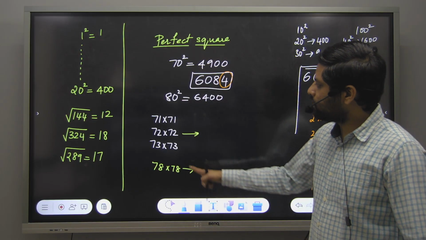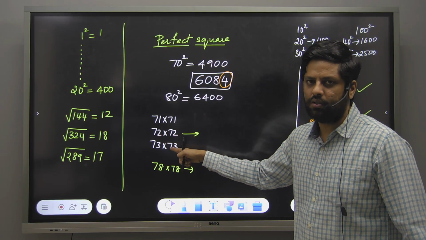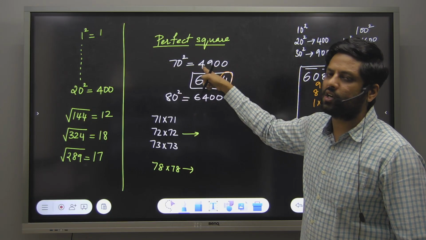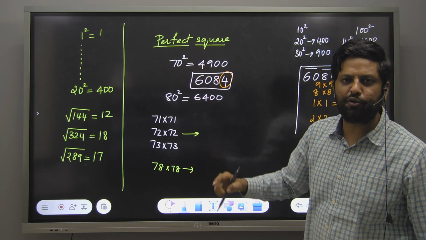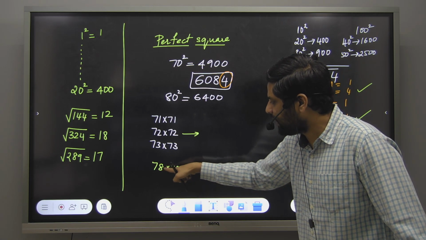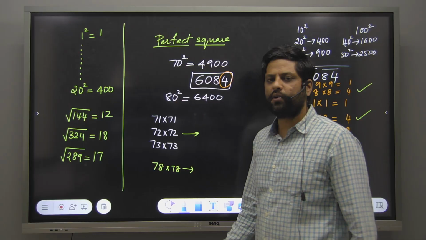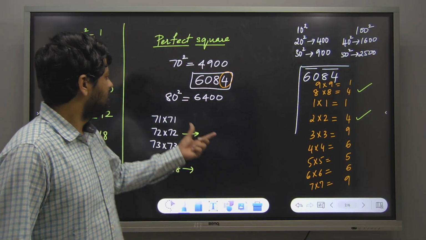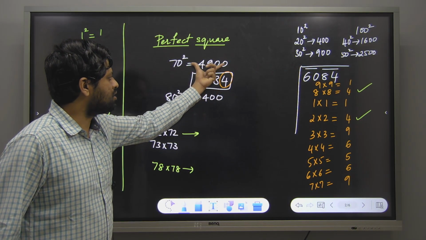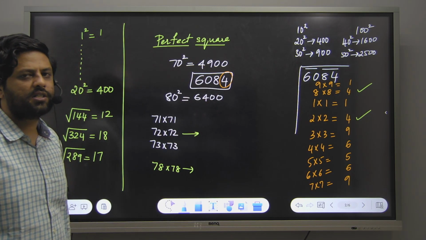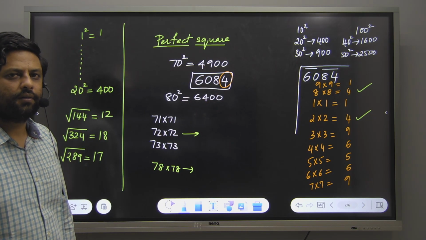Now, if it was 72 into 72, the number would be closer to 4,900. If it is 78 into 78, the number will be closer to 6,400. Now, is 6084 closer to 4,900 or to 6,400?